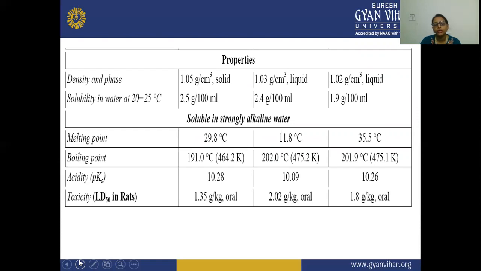Acidity is ortho 10.28, meta 10.09, and para 10.26. And toxicity, LD50 in rats, is 1.35 gram per kg oral, and in the case of meta and para, it is more than the ortho cresol.